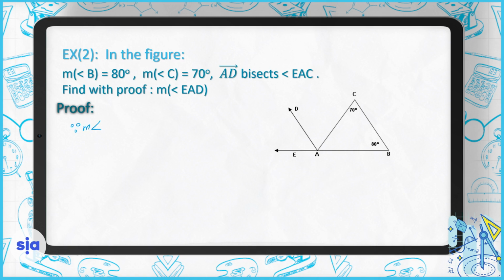Since the measure of angle CAE equals the measure of angle C plus the measure of angle B as an exterior angle, therefore the measure of angle CAE is 70 plus 80, which is 150 degrees.